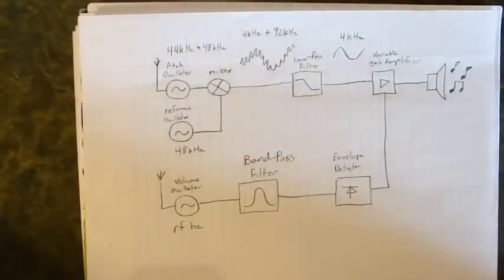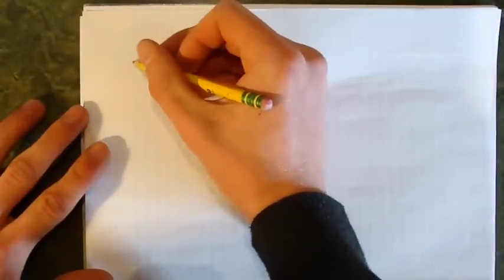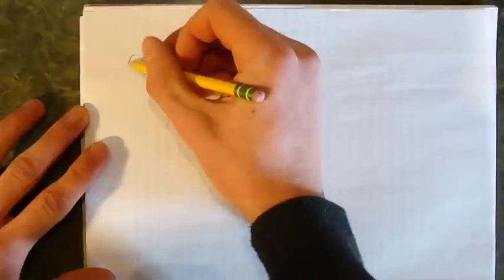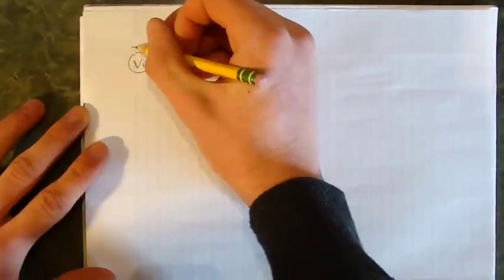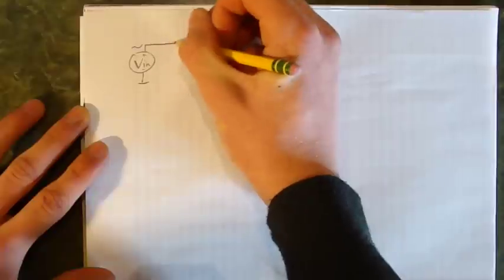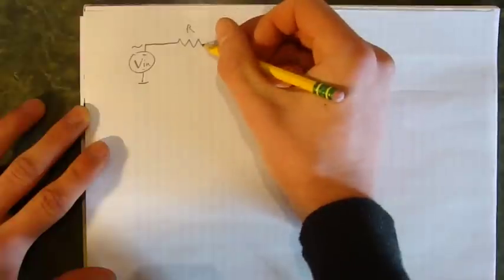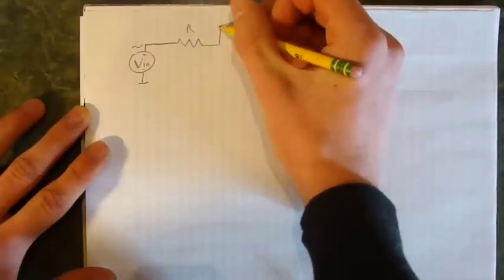I do have an oscilloscope and a signal generator, so I concluded that I could hook the capacitor up to the signal generator and measure the impedance across the capacitor. So the circuit looks like this. Vin coming from the signal generator will send a sine wave through a resistor R to the antenna.